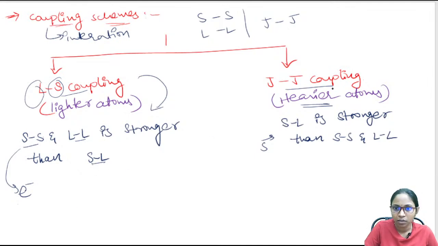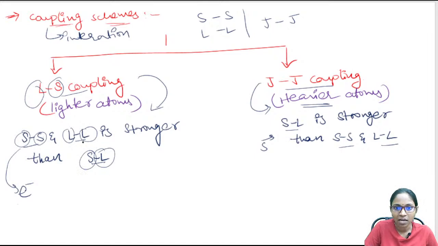And JJ coupling takes place in heavier atoms. In this coupling also we have LS coupling, SS coupling, and LL coupling. In LS coupling, the spin-spin and orbital-orbital interactions are stronger than the orbital and spin interactions.